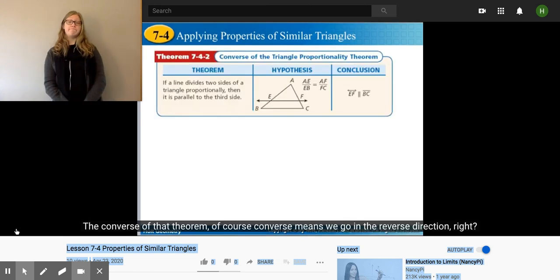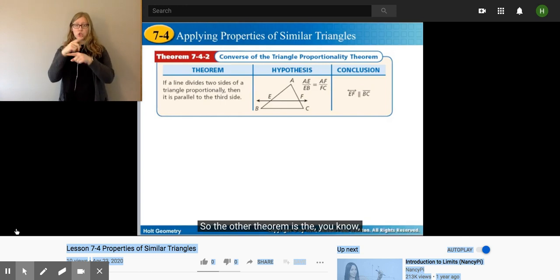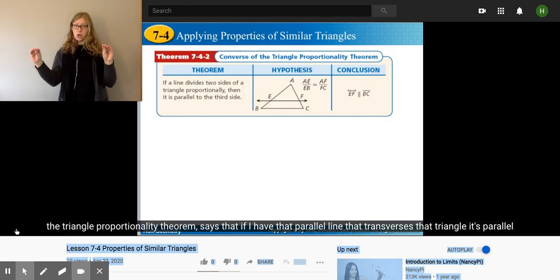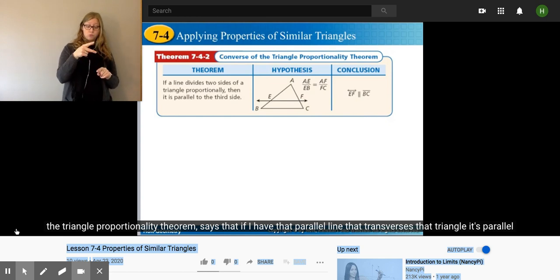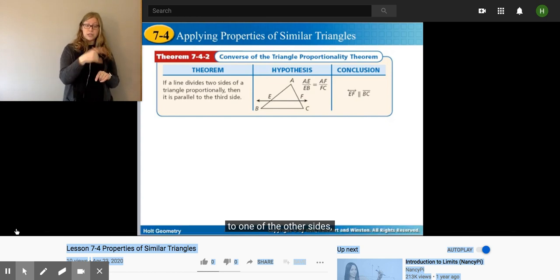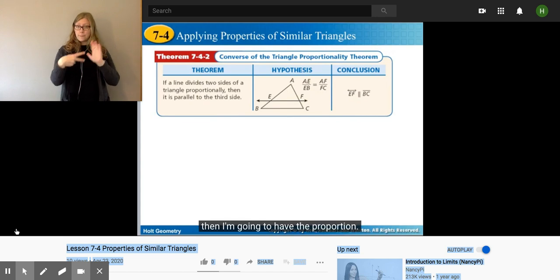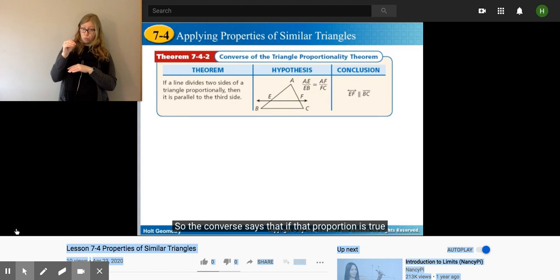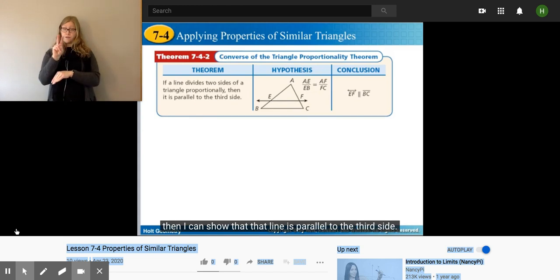The converse of that theorem, of course, converse means we go in the reverse direction, right? So the other theorem, the triangle proportionality theorem, says that if I have a parallel line that transverses that triangle, parallel to one of the other sides, then I'm going to have the proportion. So the converse says that if that proportion is true, then I can show that that line is parallel to the third side.